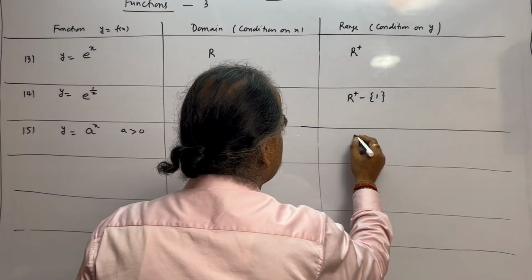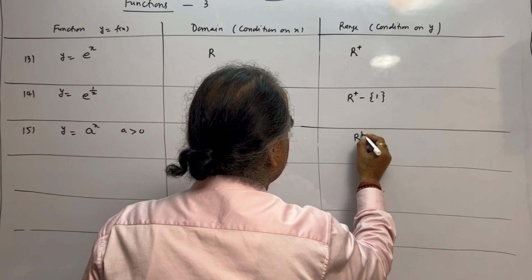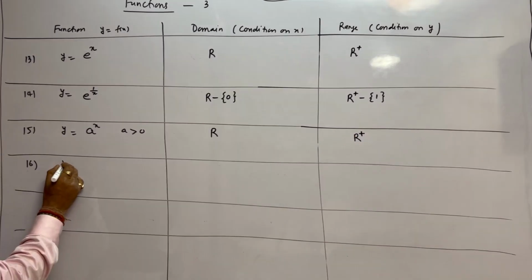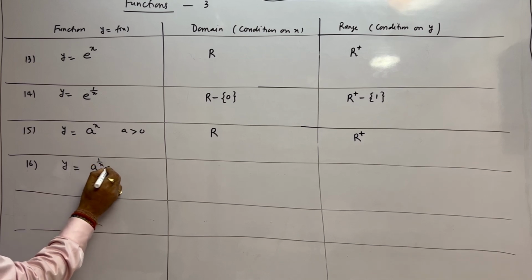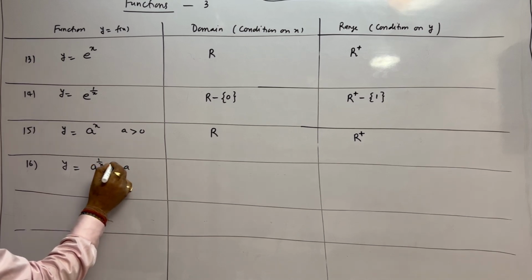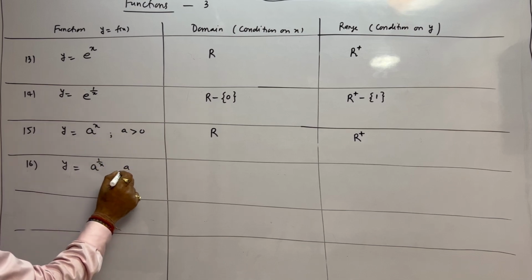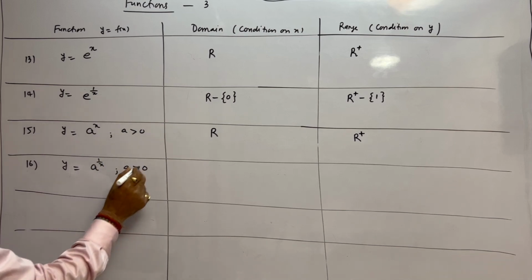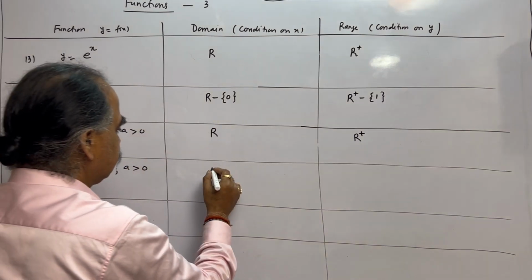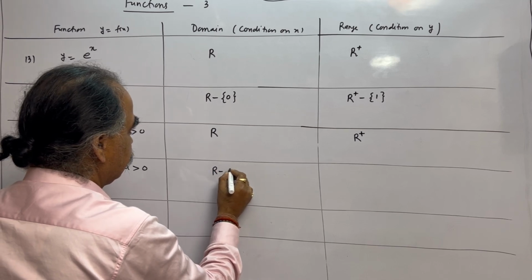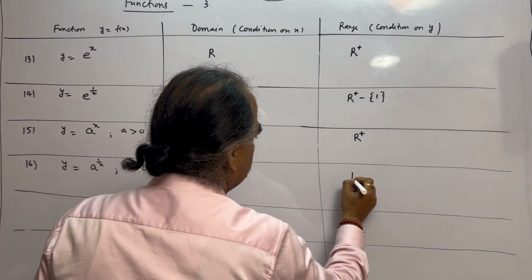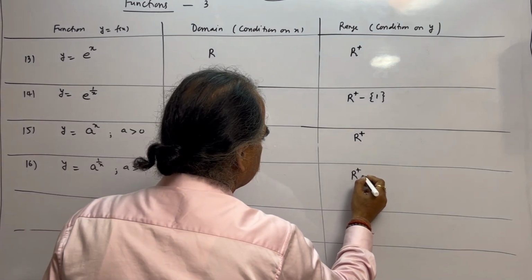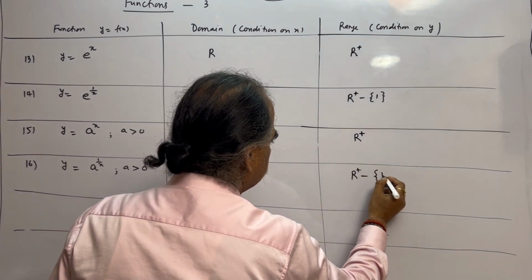And range will be what? A should be positive. Again, same thing for a raised to 1 upon x: domain is entire real line minus 0, and range will be R plus minus singleton 1.